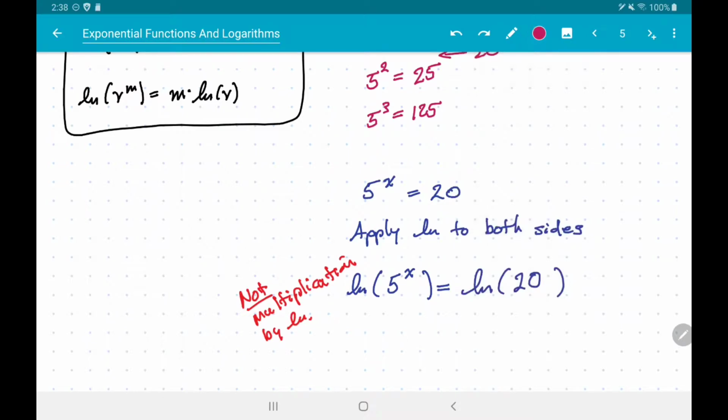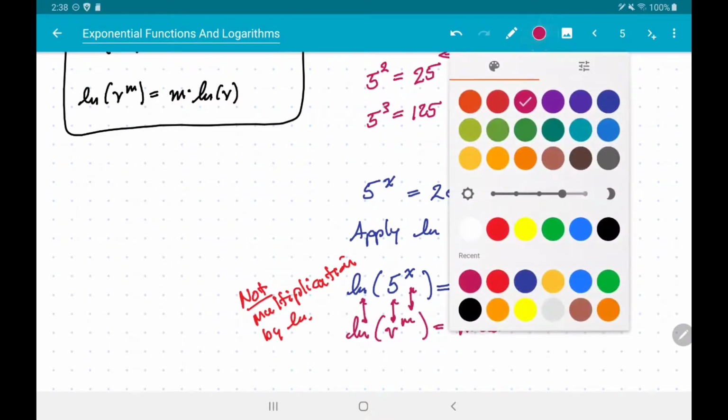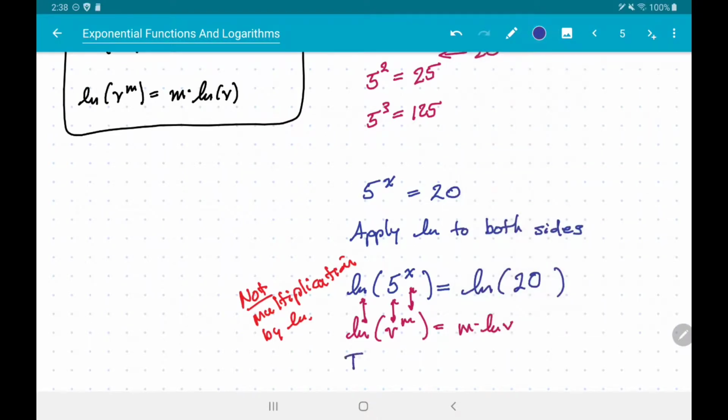Here's the property that I want to use. ln of a base v to a power m comes apart into m times ln of v. Okay, so I'm going to match this up on the left-hand side and take apart.